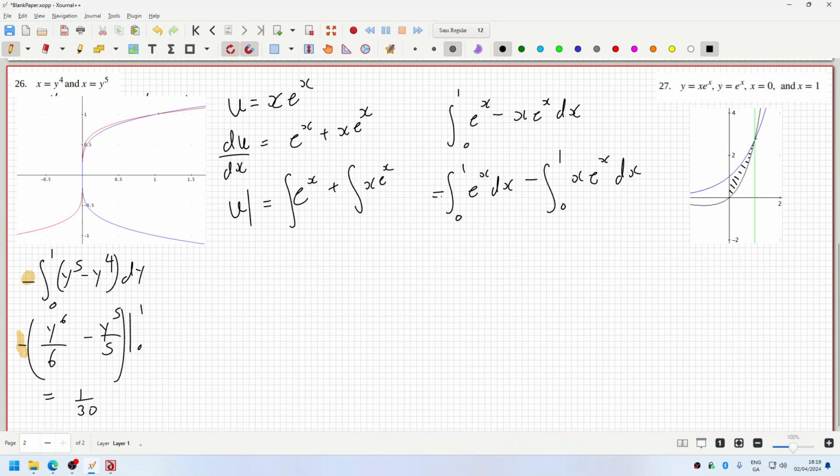So this I can change into the integral 0 to 1 of e^x dx minus, and if I just take this over to the other side, the u, which is x e^x from 0 to 1, minus the integration of e^x from 0 to 1 dx. Yeah, that's it, just those two, because I've replaced this with this minus this.